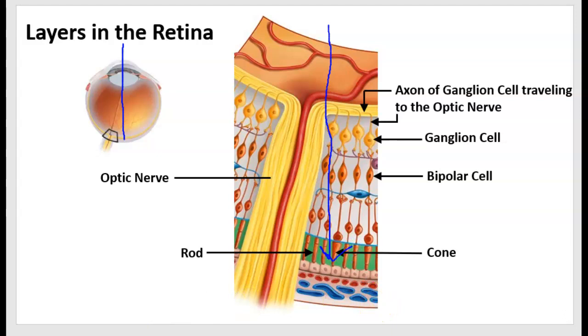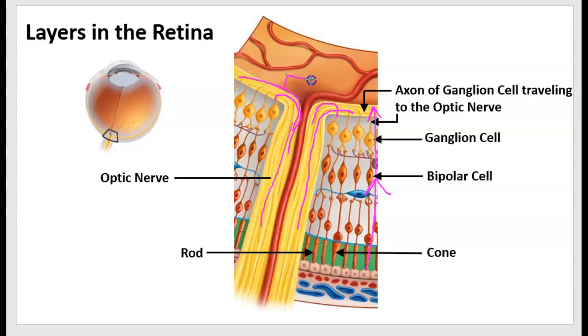They are stimulated, and in response, they send an electrical or neural signal in the opposite direction. So it'll go back anterior. And then you can see here the multiple axons that come from the ganglion cells travel to the optic disc and form the optic nerve.